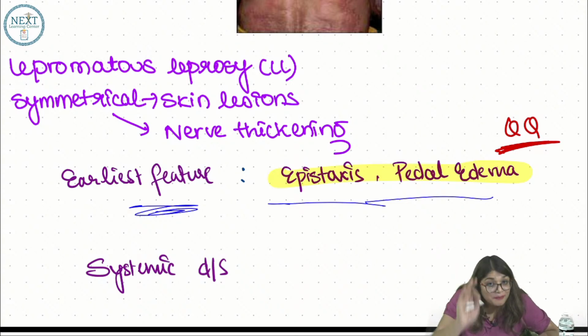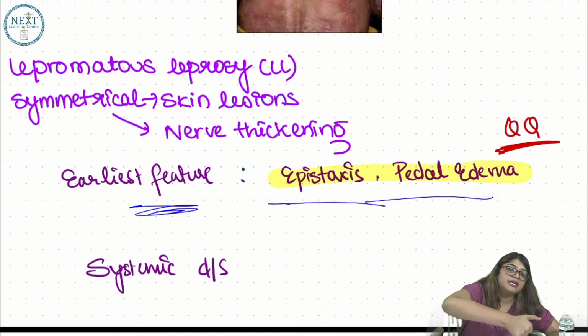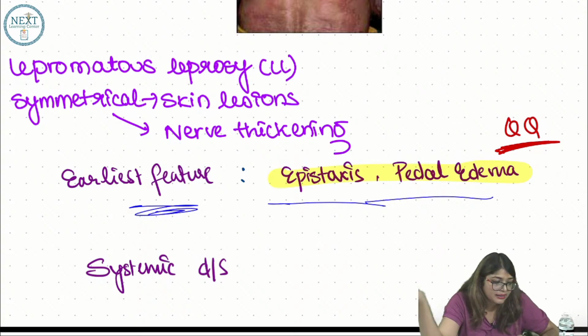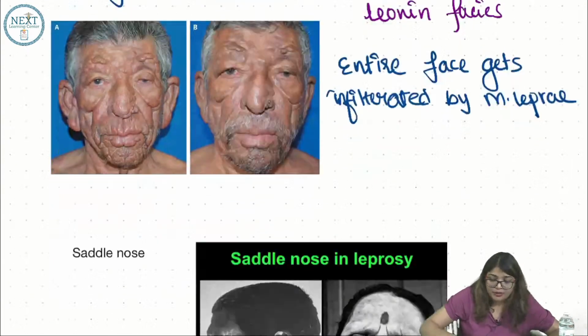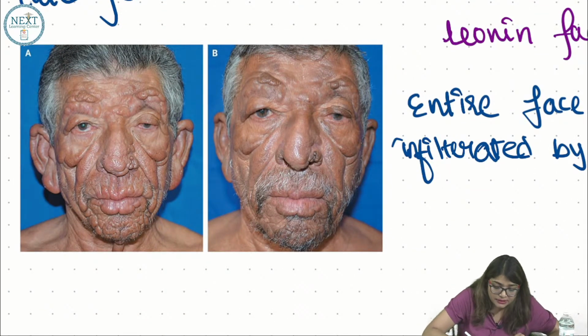Okay, so symmetrical lesions are seen in lepromatous leprosy. Almost symmetrical lesions are seen in borderline lepromatous. Annular lesions are seen in TT. Satellite lesions are seen in BT. And BB has geographical map-like lesions, right? Very good. So leonine facies is a late feature of lepromatous leprosy where it is symmetrical.